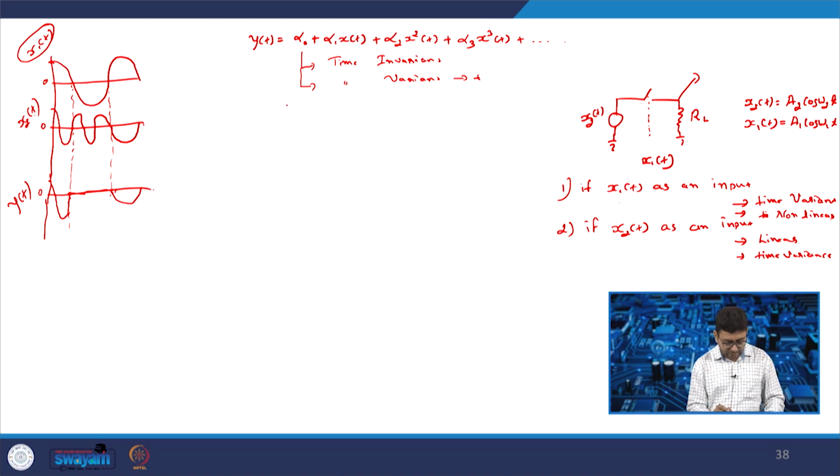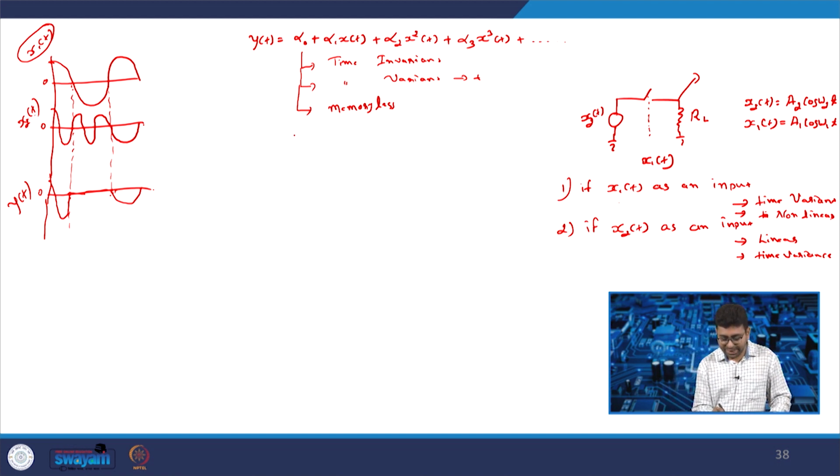So, now we will try to get the function of x(t). This is memoryless, or time invariant system.